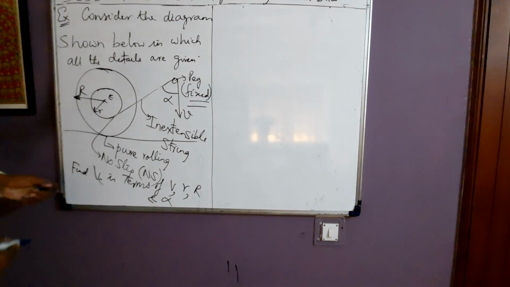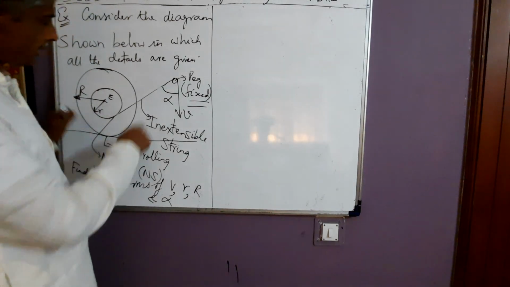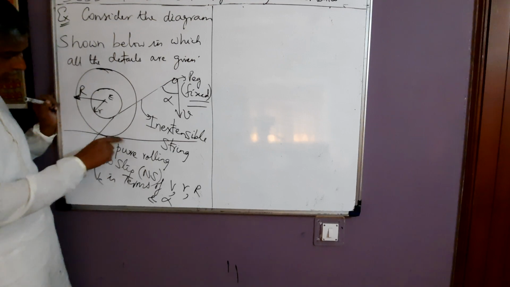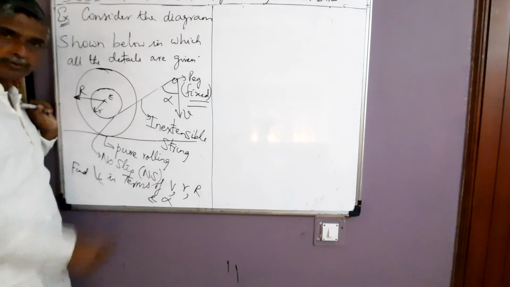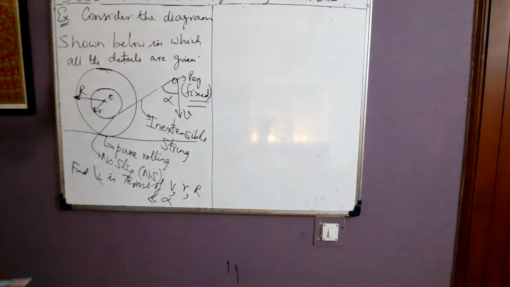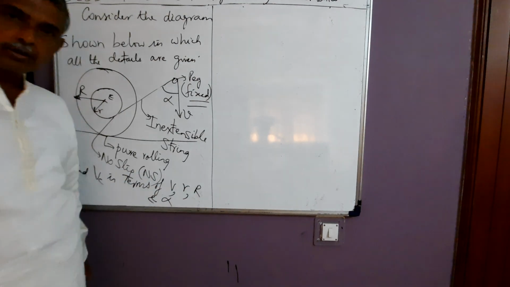And here there is no slip, and here also there is pure rolling over the fixed surface. We have to find VC in terms of V, small r, capital R and alpha.